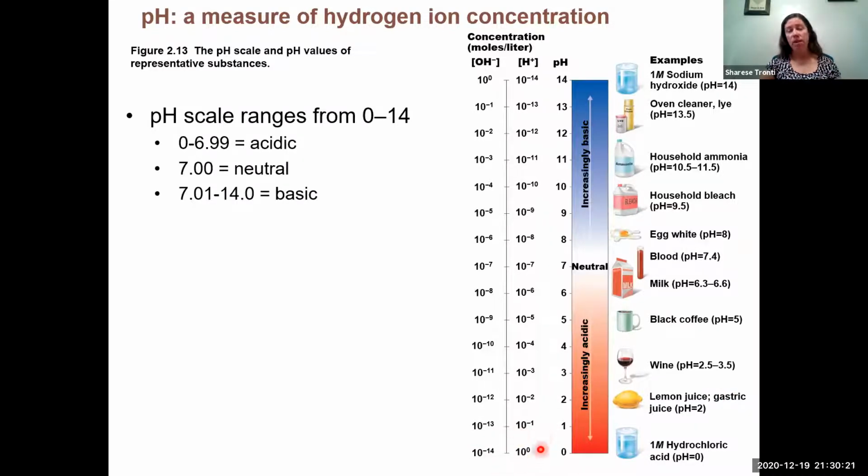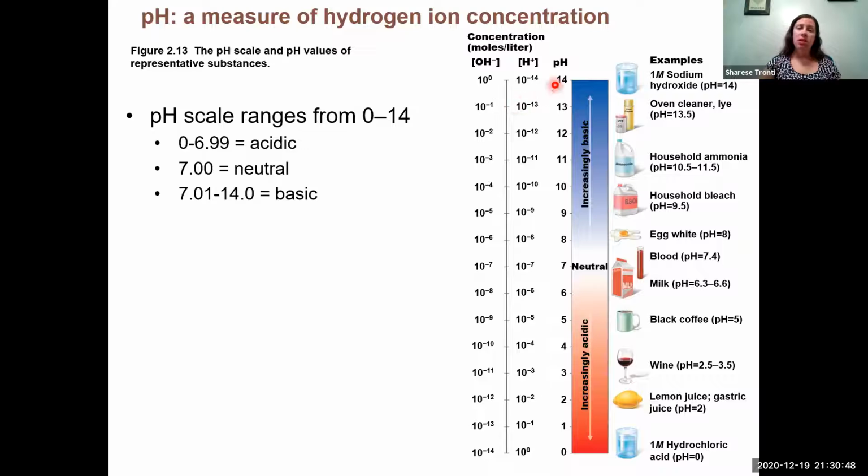We see we have a lot of hydrogen ions, and that's going to be the opposite with hydroxide ions. If we have a lot of hydrogen ions, we don't have very many hydroxide ions. And bases are the opposite. Remember, in a base, it's going to release a lot of these hydroxide ions. So we see a lot of those in a base and not very many hydrogen ions.